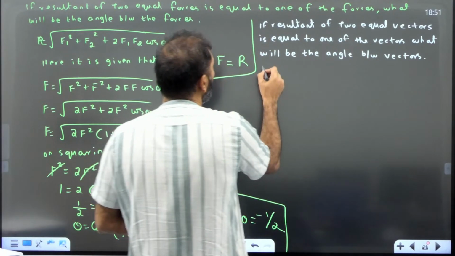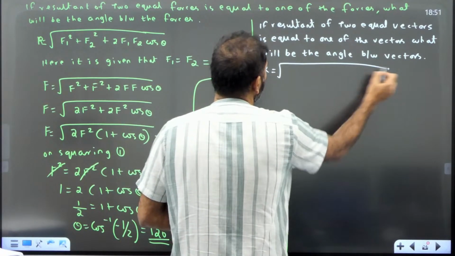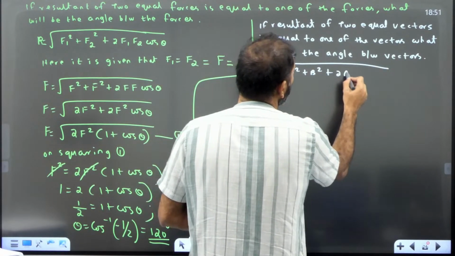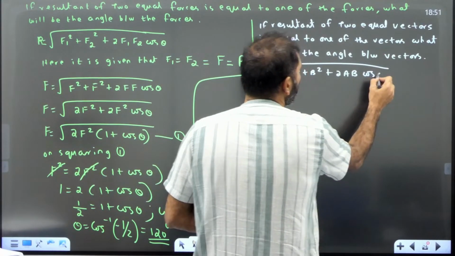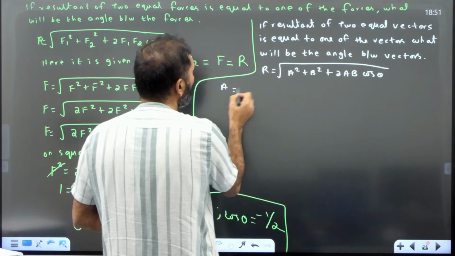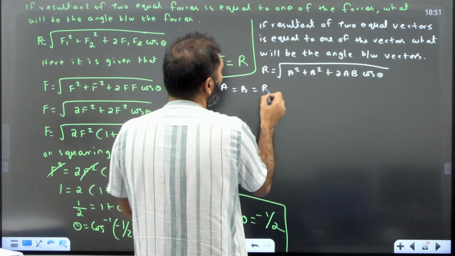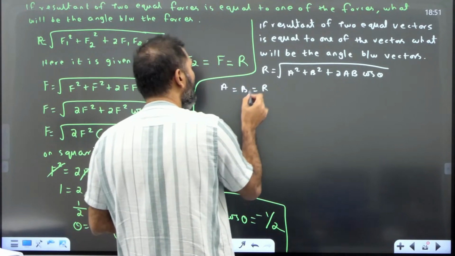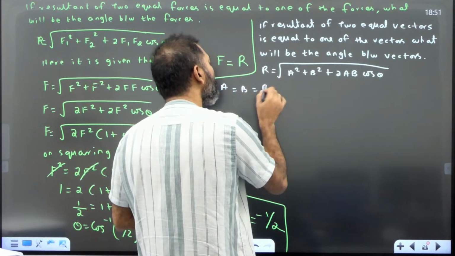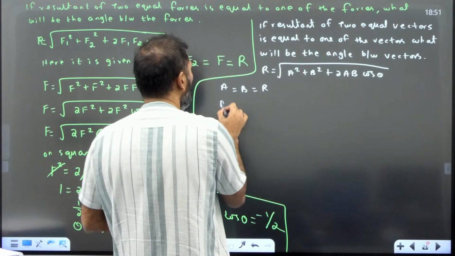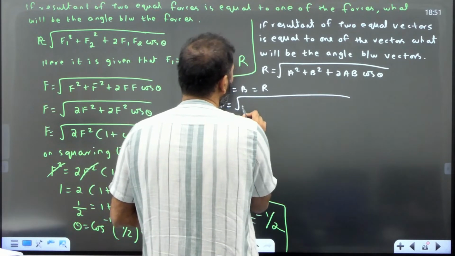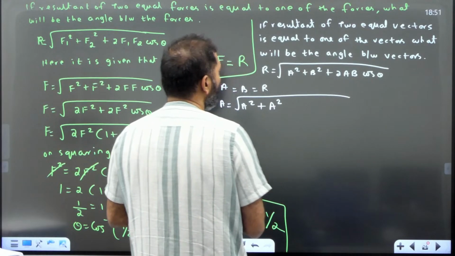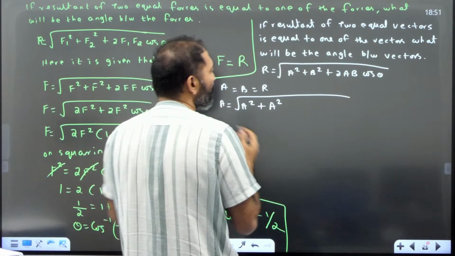Now let's see. R equal to root of a square plus b square plus 2ab cos theta. Now what is the specialty here? A equal to b, and the resultant is also equal to A. So instead of R or B, you can write A, because all are equal.